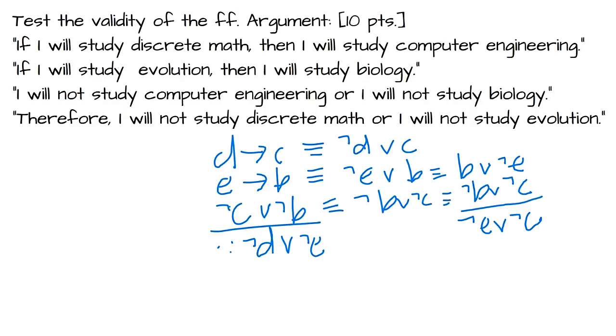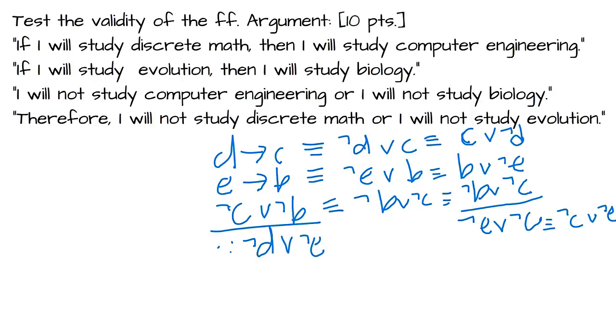After this, we could partner this one with the commutative of the first premise, which is C or not of D, and we could also get the commutative of this, not of C or not of E, and finally partner the two.